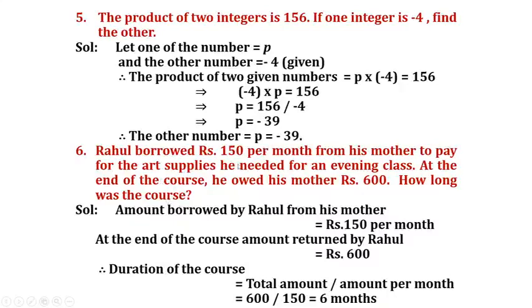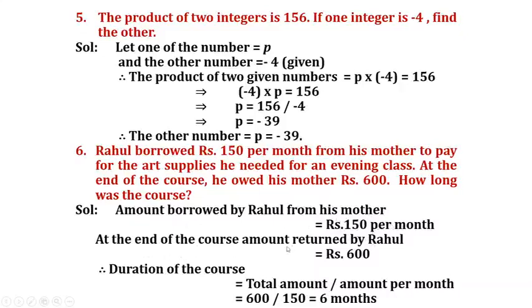Next, Rahul borrowed rupees 150 per month from his mother to pay for the art supplies he needed for an evening class. At the end of the course, he owed his mother rupees 600. How long was the course? Coming to the solution, the amount borrowed by Rahul from his mother is 150 rupees per month.